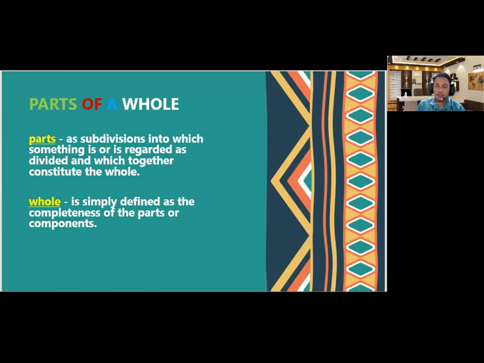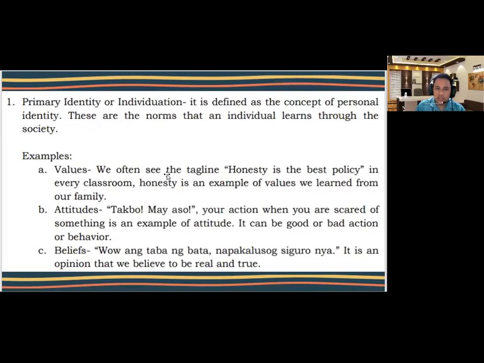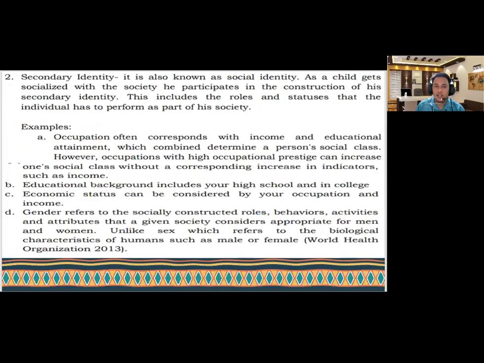Natandaan lang natin yung ating mga terminologies. Parts, whole, as simple as that lang naman yon. Meron tayong primary identity, tsaka secondary identity. Pag primary identity, nandun yung values, lahat pag-uugali. Values, attitudes, tsaka beliefs. Pagdating naman sa secondary identity, we are talking about your social identity. What is your part in the society? Your occupation, the educational background of yours, what was your economic status, and your gender.